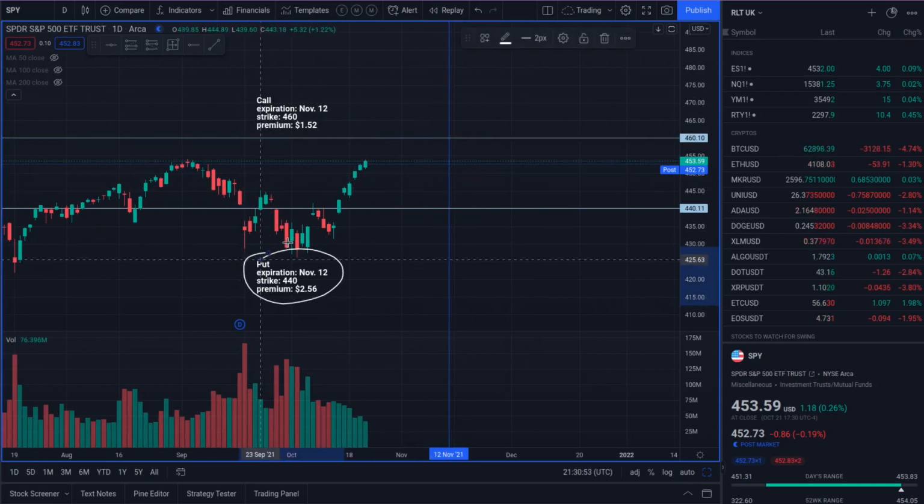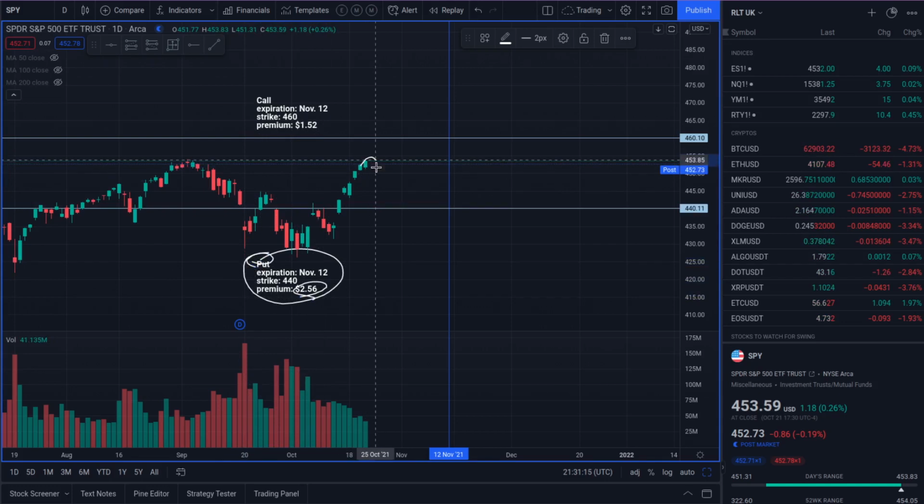For the put, if you're buying a put option with the same expiration, November 12th, in this example, and the strike price is 440, which is down here, the premium is probably going to be $2.52 per share. So you have to pay $252 for one contract of put option.